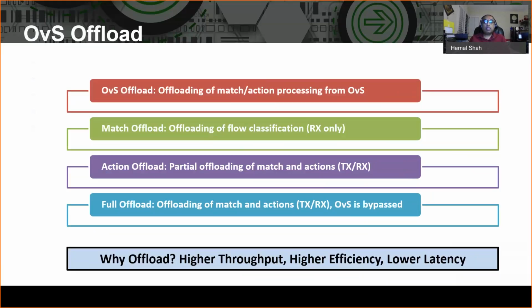By saving those cycles, efficiency of packet processing improves, as well as the latency in the data path reduces. So those are all the partial match offload, action offload, and the full offload model. In next few slides, I'll go over these offload models and talk about their pros and cons.